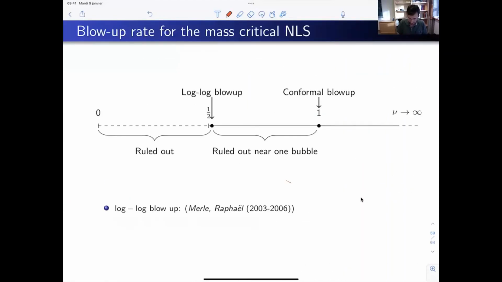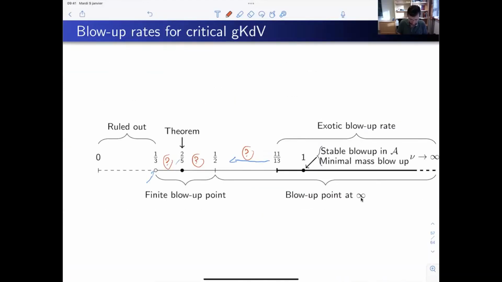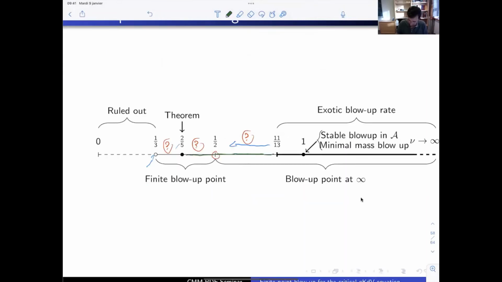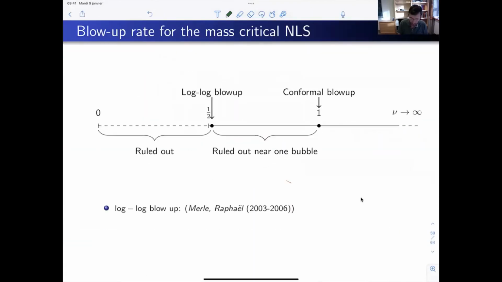At least what we prove here in our results is that you have this point where you have blow-up. Maybe you could have a continuum of blow-up rates here. This could be possible, who knows? We don't know. But in the NLS case, this is completely ruled out.